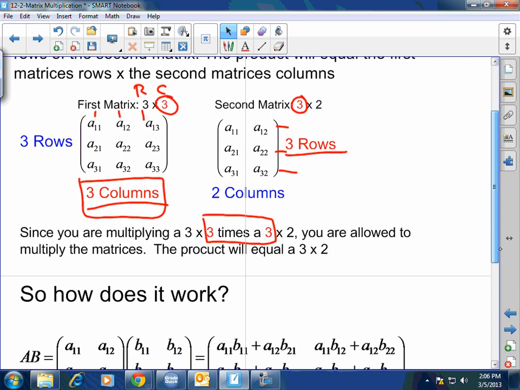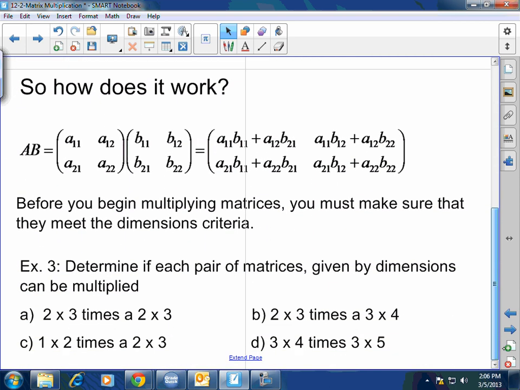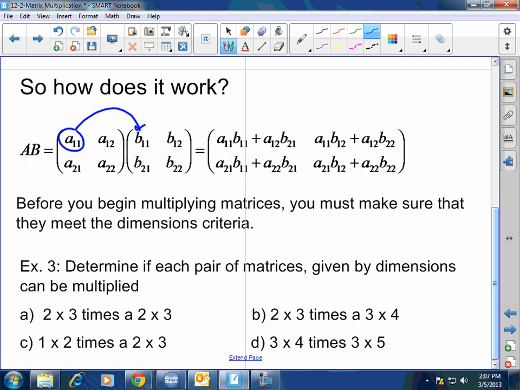Okay. So let's see how it works. Very simple. Just pay attention. When you're multiplying this, the first term gets multiplied to the first term of the second matrix. You with me? Then the next term, in the second column, gets multiplied to the second row of the first column.